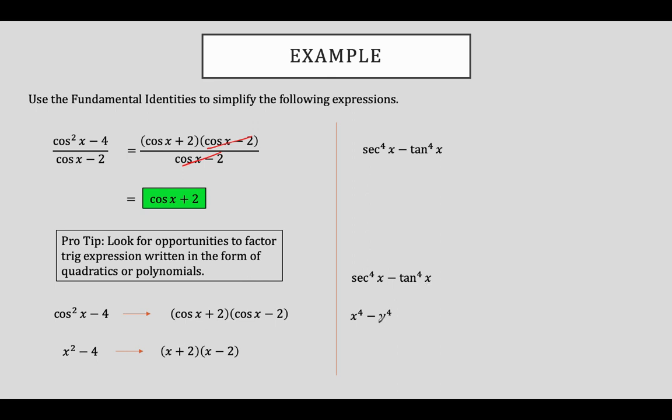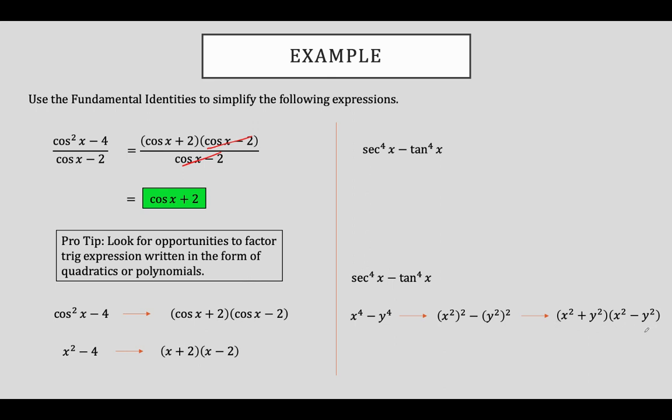Well, this is actually in the form of the difference of squares. This would be x squared squared minus y squared squared. As we saw before in the previous problem, the difference of squares factors into x squared plus y squared times x squared minus y squared. There's our difference of squares.